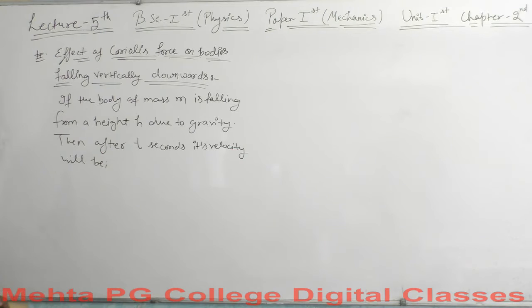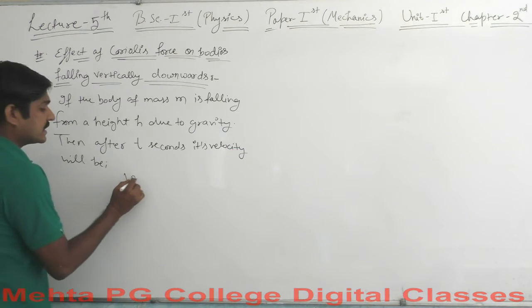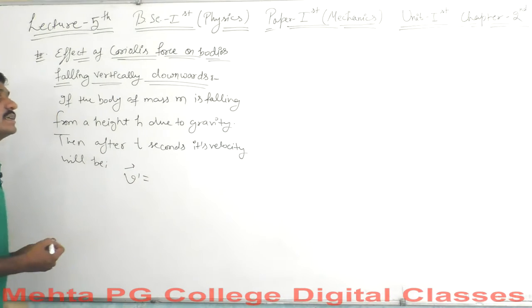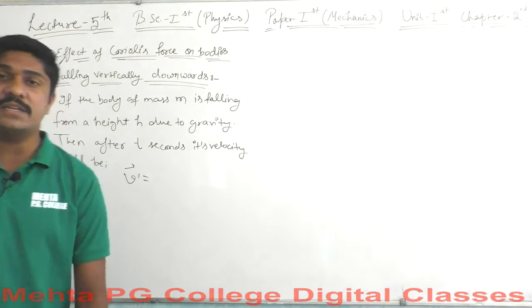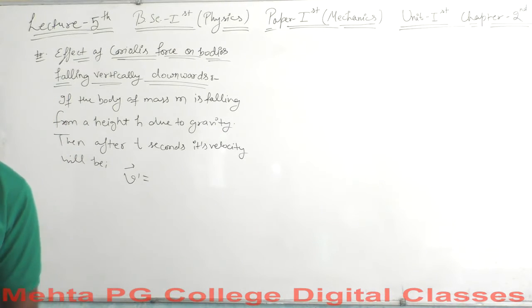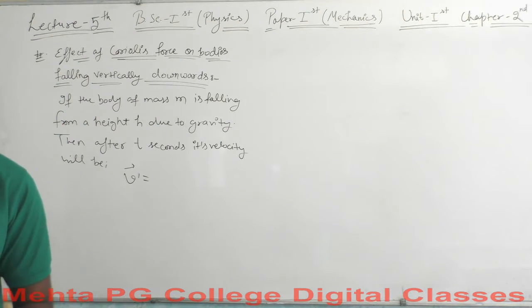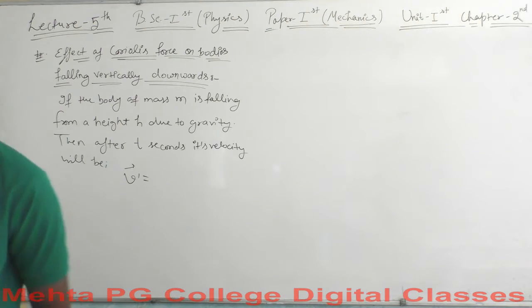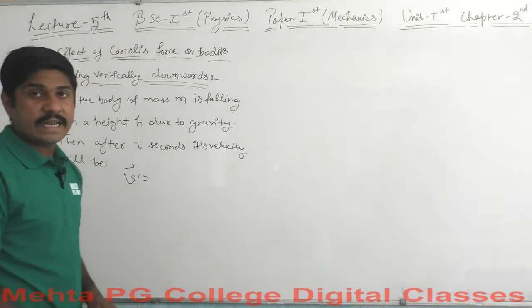So what should be the velocity by now? Let's say the velocity is v dash, and according to the figure we have taken as an example, the particle will go in the negative z direction.